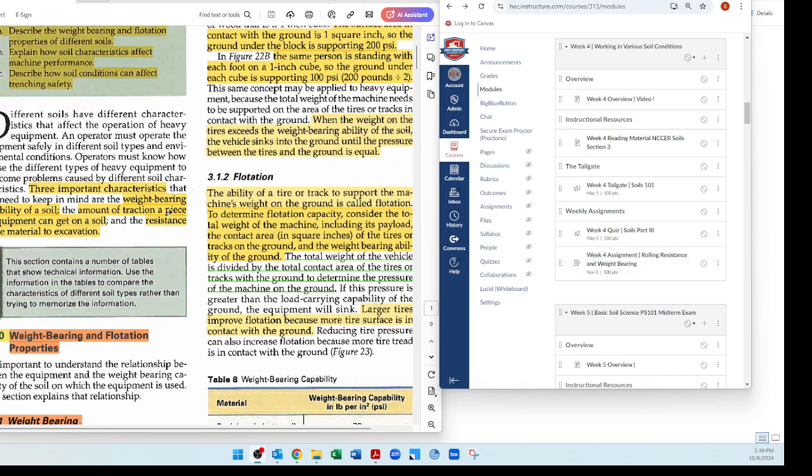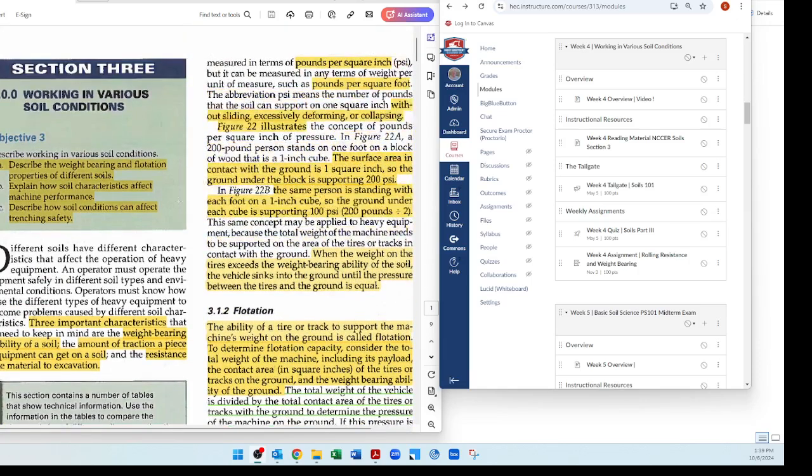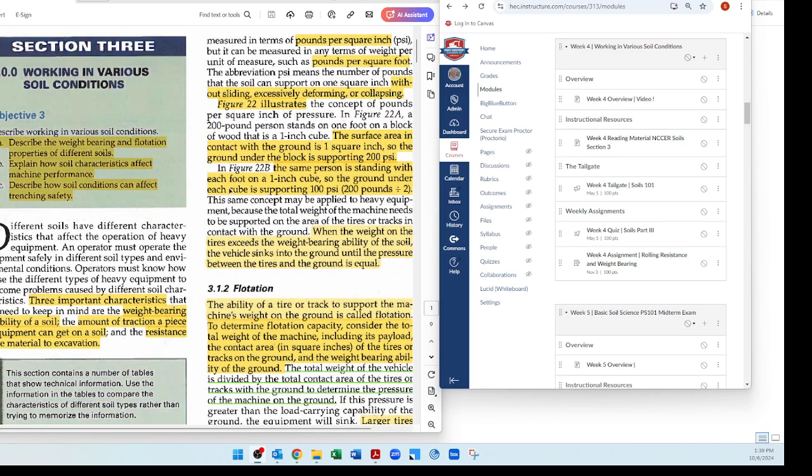So, for instance, we're going to be talking about surface area. Well, let me read the objective. Describe the weight bearing and flotation properties of different soils.